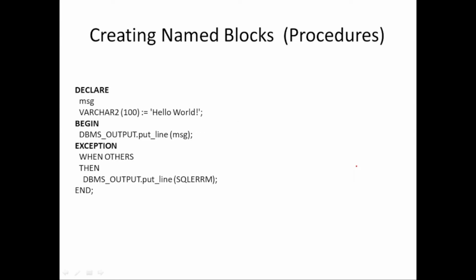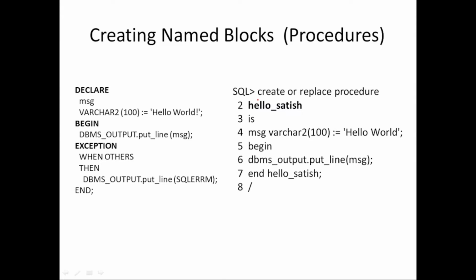Whereas when you talk about procedures, this is how you create a procedure: create or replace procedure. So create is for creating the procedure. When you want to update the procedure, you're just going to make some changes, so it will replace the procedure. So this is the procedure name. I've just given my name, hello Satish, to be the name for this PLSQL procedure.